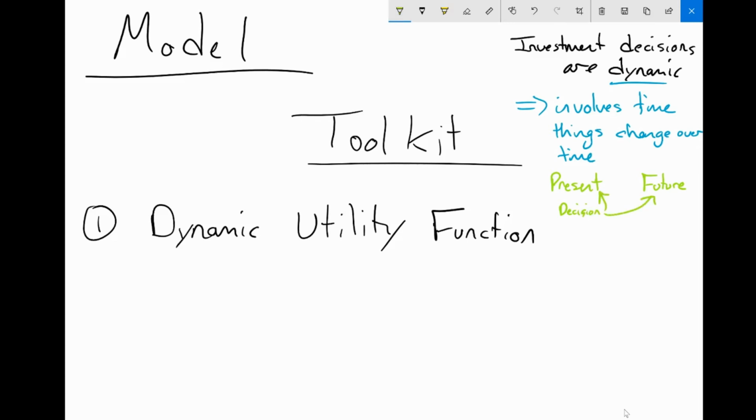So when I am making this decision, I need to think about the present, and then I also need to think about the future. So when I'm thinking about investment decisions, I have to consider both the present and the future when I make that decision. That means that my model has to capture the present and the future. My model has to capture how my current decision making will affect me today and tomorrow and the next day and the next day and the next day.